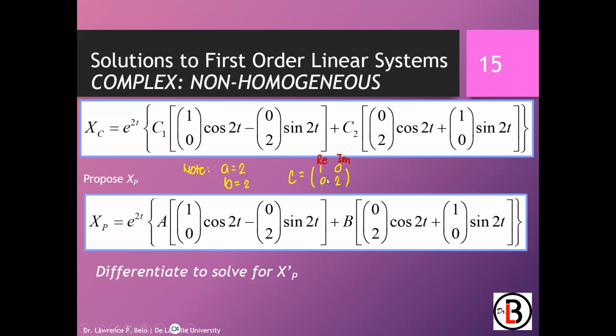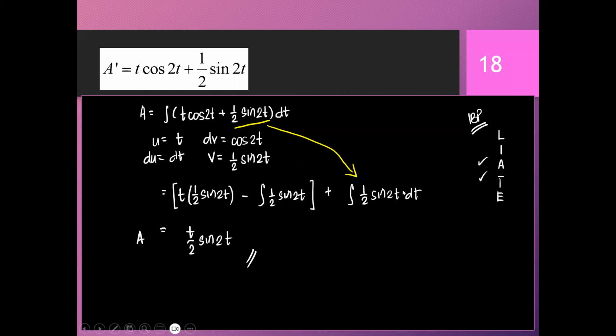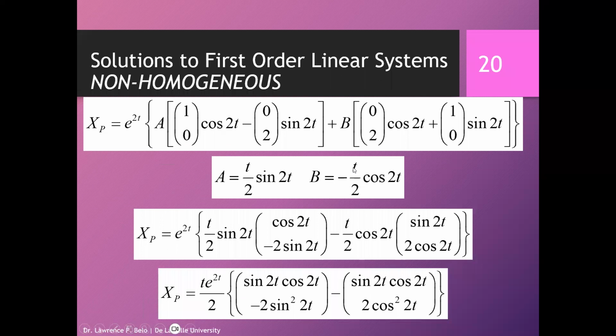Mahirap pagka parehong may number 'yan. Kasi pag parehong may number, the answer would be very, very long. Okay? So here, cosine 2t na lang pala matitira sa A. Dito sa B, cosine 2t sa itaas, sa ilalim negative 2 sine 2t. Sa B, ang top is sine 2t, the bottom is 2 cosine 2t.